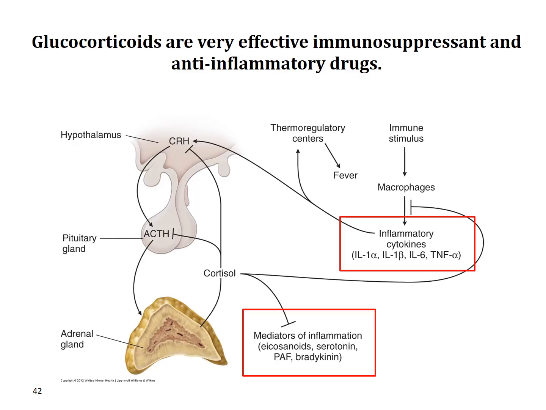Those inflammatory mediators can be protein by nature, such as the interleukins and tumor necrosis factor, or they can be lipid by nature, such as the prostaglandins and the other eicosanoids that we mentioned all the way back in Unit 1. Cortisol can limit the synthesis and release of the lipid mediators of inflammation and the protein mediators of inflammation.